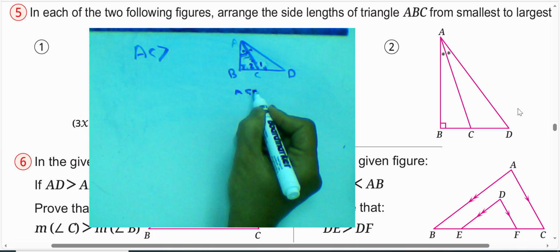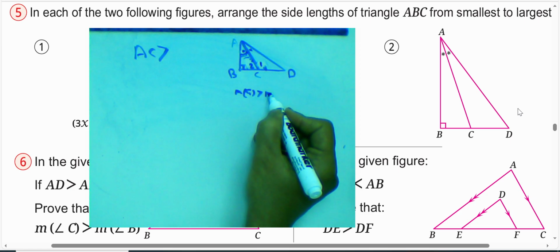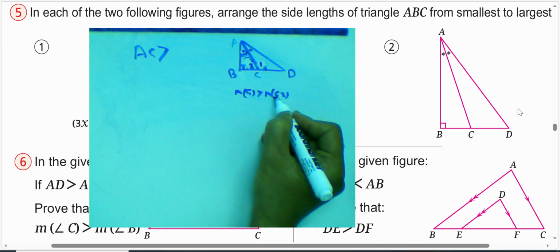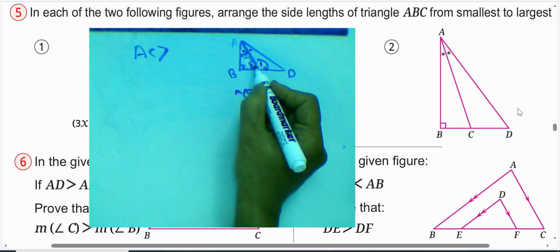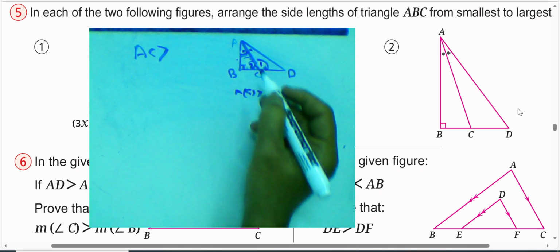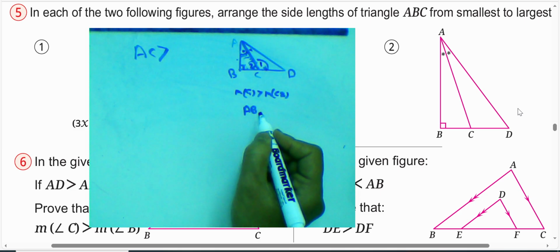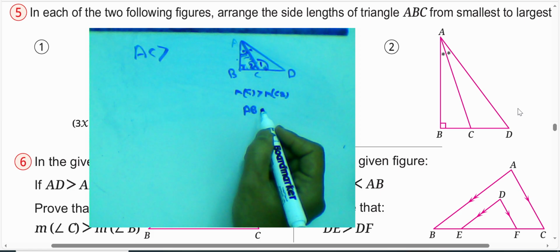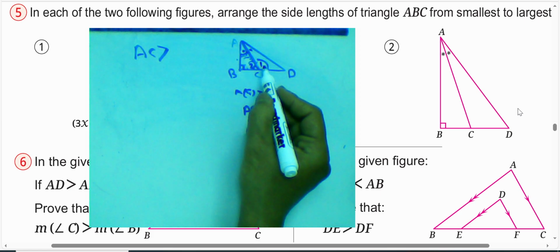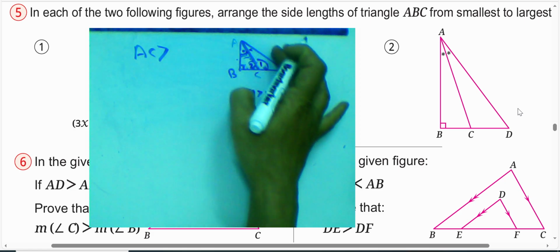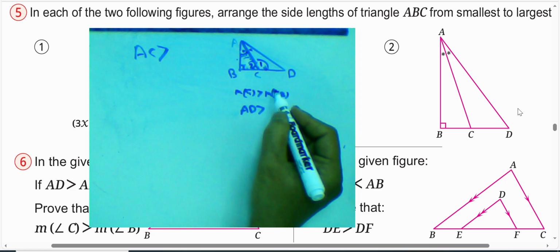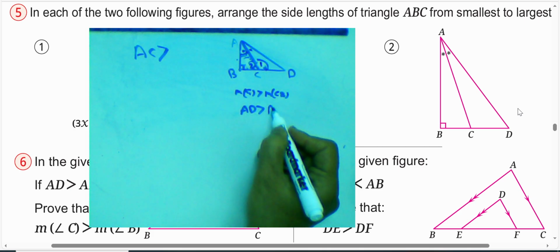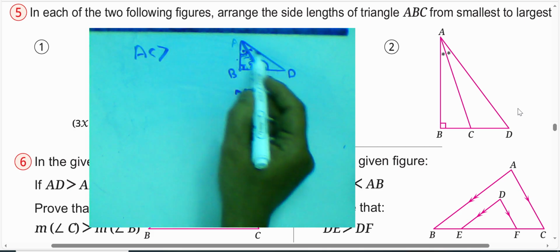The measure of angle 1 is greater than the measure of angle 2, because this is an obtuse angle and this is an acute angle. The opposite of angle 2 will be AB, greater than the opposite of angle 1, AD. So AD is greater than AB.